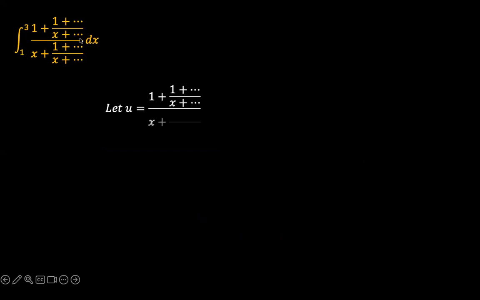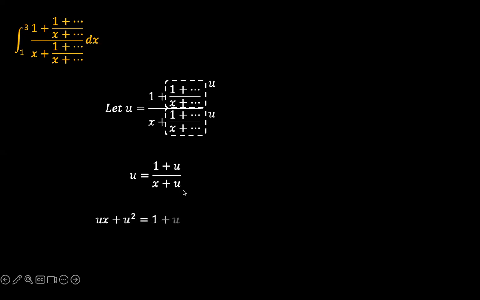We could extract the integrand and say let u be equal to the integrand. As you can see, this top part here is the same as u, and that bottom part also seems to be equal to u. So essentially you have an expression like this: u equals 1 plus u over x plus u. Then if you multiply both sides by x plus u, we get ux plus u squared equals 1 plus u.